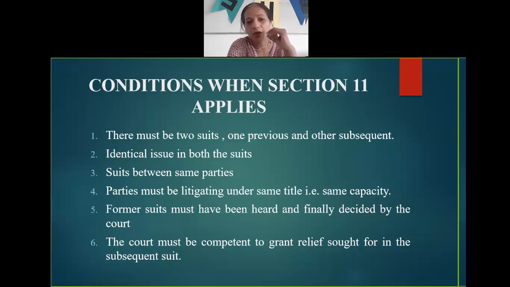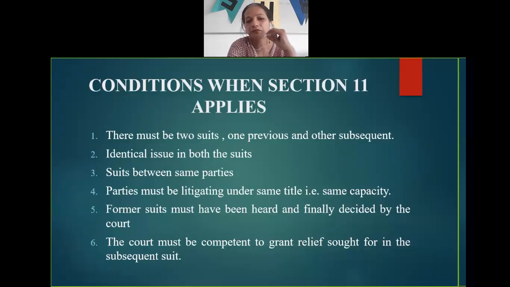But here, the former suit has already been heard and finally decided by the court. And later on, the subsequent suit is filed. So, whenever a subsequent suit is filed, the party is going to tell the court that a former suit has already been finally heard and decided, and therefore the judgment cannot be reopened for discussion again.